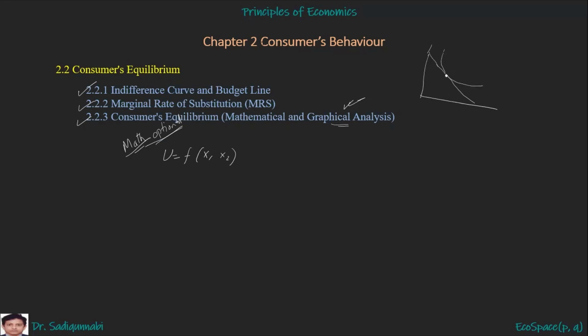What does tangential point mean? If this is IC and this is BL, then slope of IC equals slope of BL. That is the meaning of tangential point.